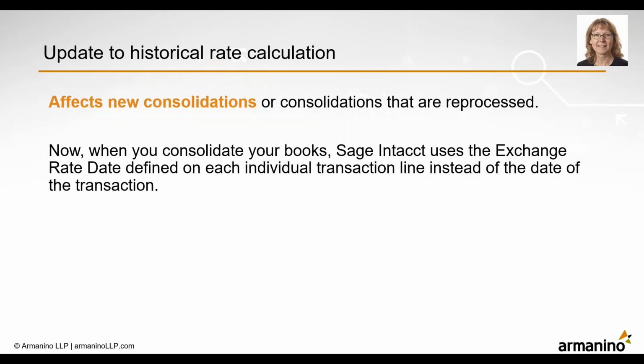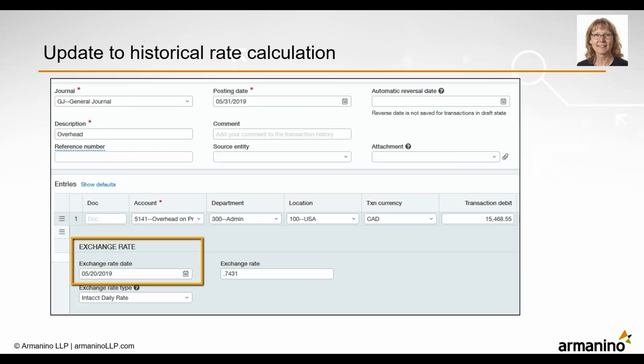So what they did is, and I'll go ahead and show the slide here with the screenshot, on your general ledger, on your journal transactions, or your transactions in Intacct, there was the exchange rate date field there. And so that date automatically populates as the same date as the posting date. So you can actually now change that date, and if you're using historical rate tables, it will look at that date and use that date in those historical rate calculations.